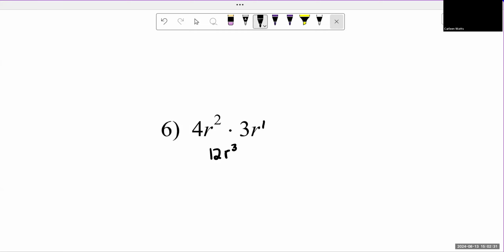Okay, so notice I'm going to say r squared times r cubed, base to the power, add. What if I have base to the power to a power? 1 base, 2 powers. Now, it has nothing to do with the parentheses.